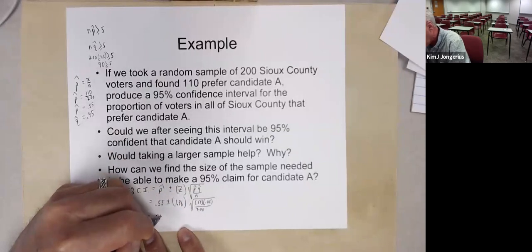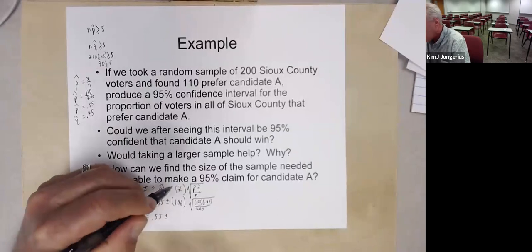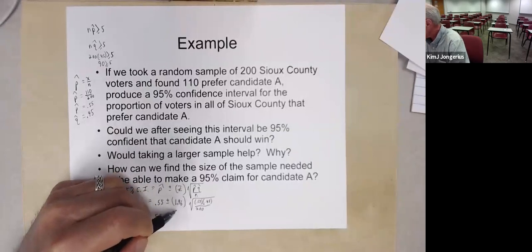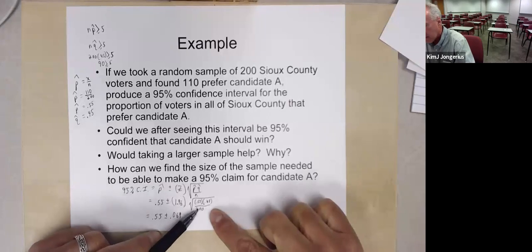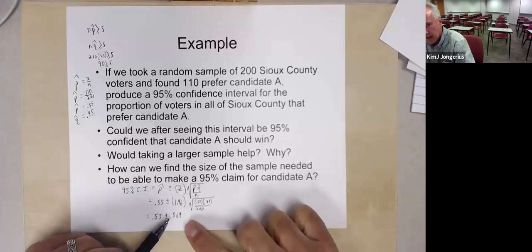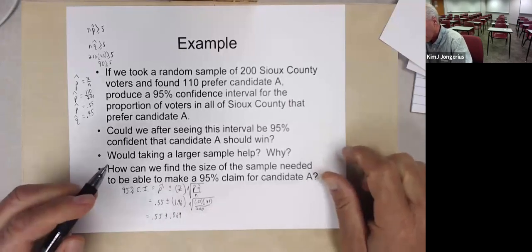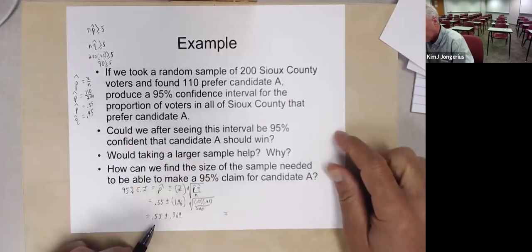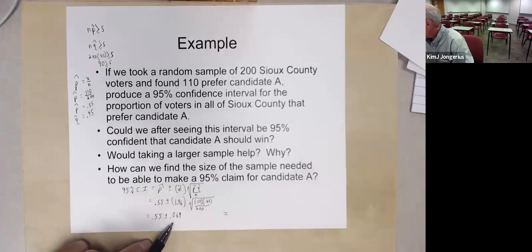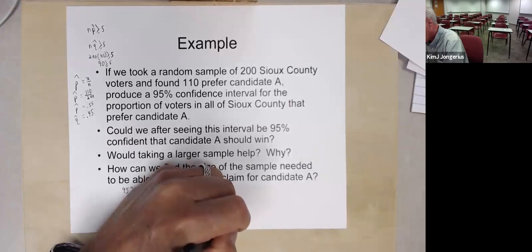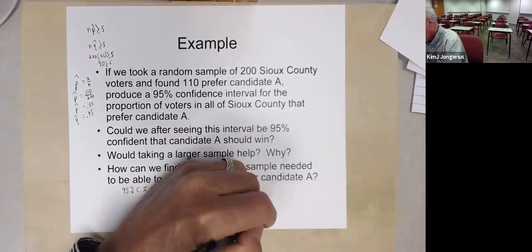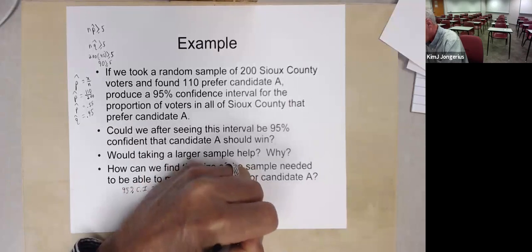That gives me 0.55. I need to add and subtract this quantity, which this time I do have written down, 0.069. Again, make sure you can get from this set of data down to the 0.069. That means I'm going to take the 0.55 and add and subtract that quantity. So when I do that, I end up with this interval, 0.481 to 0.619.